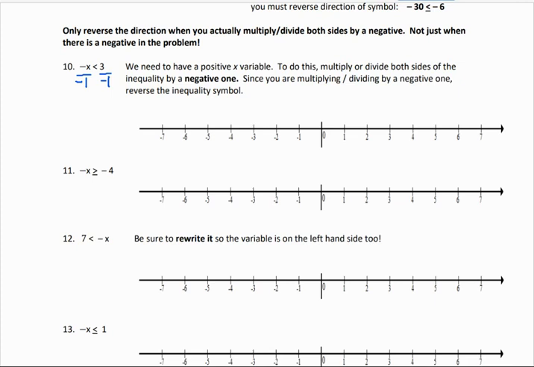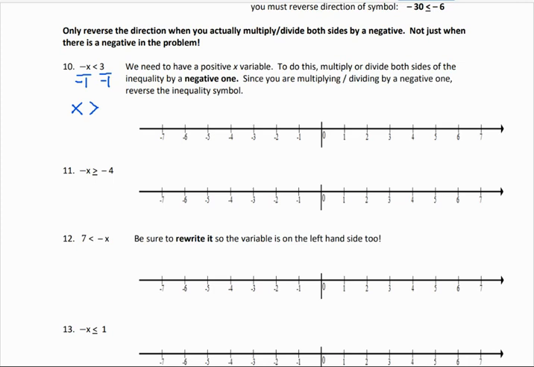So I divide by a negative. What is -x divided by -1? A negative divided by a negative gives me a positive. So I just get positive x. Because I divided by the -1, that symbol of a less than now flips to a greater than. Okay? So when you multiply or divide by a negative, it flips the symbol.